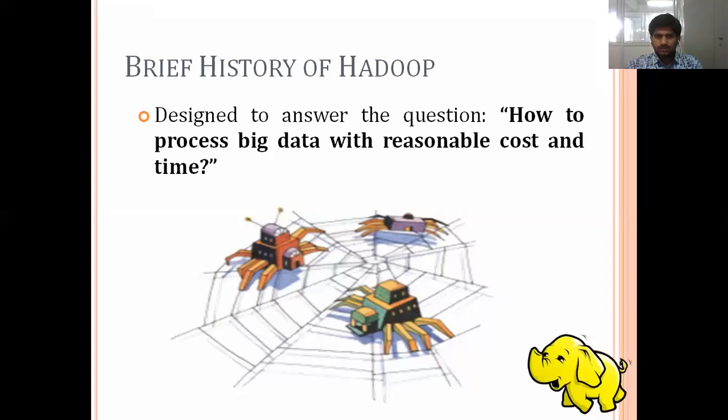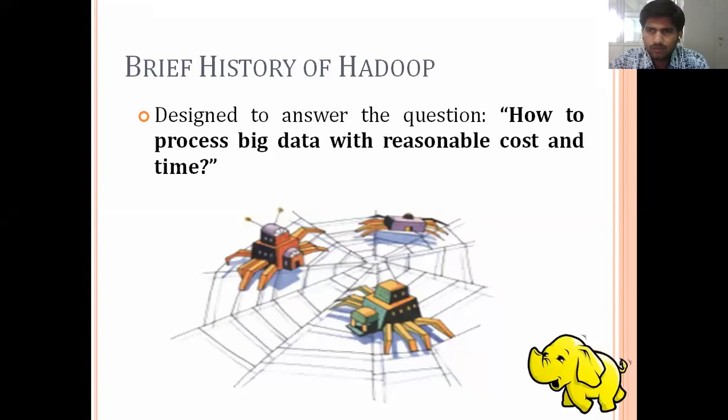So here also, designing to answer this question, why was Hadoop created? How to process big data with a reasonable cost and time. Large amounts of data are being produced nowadays.